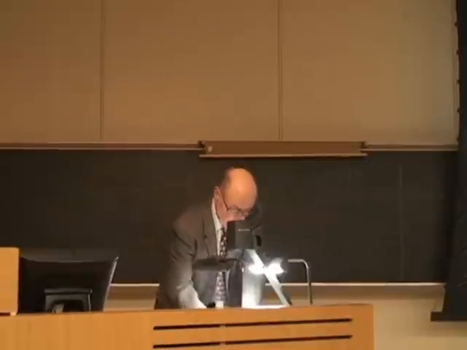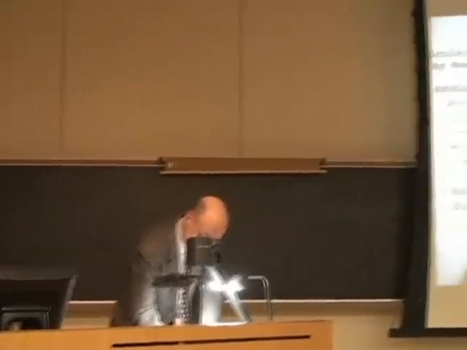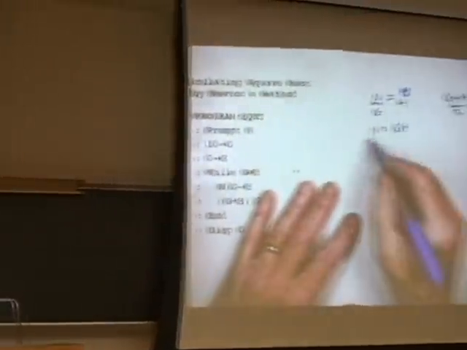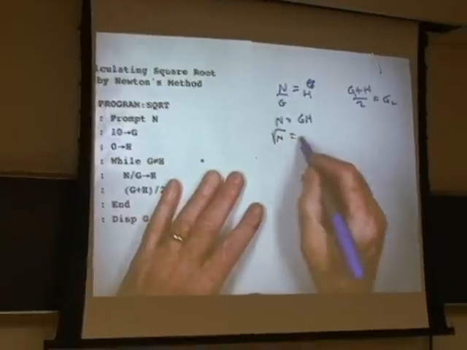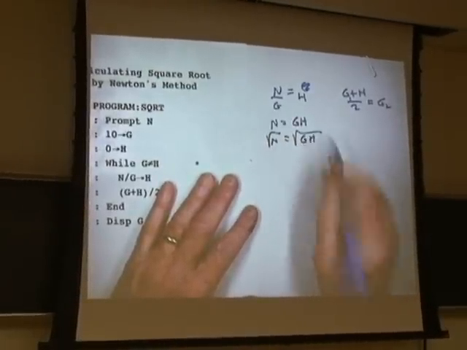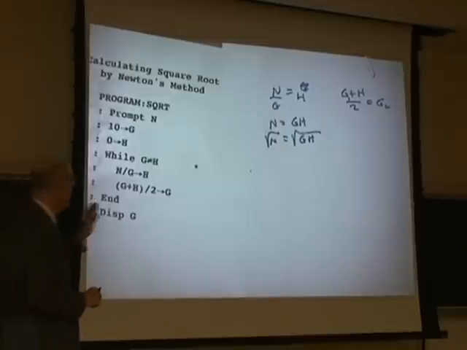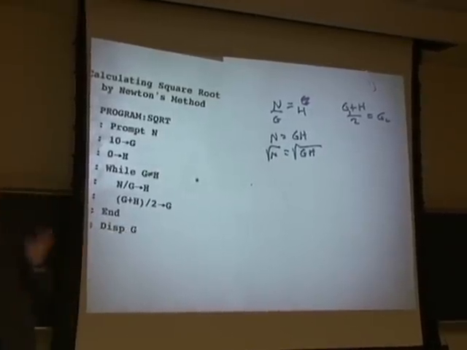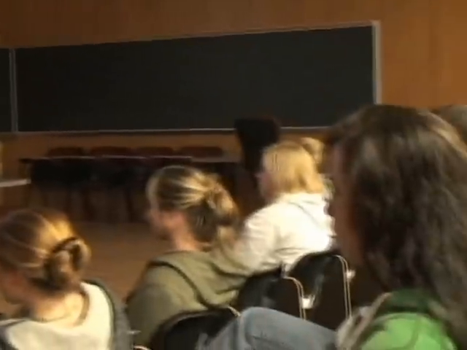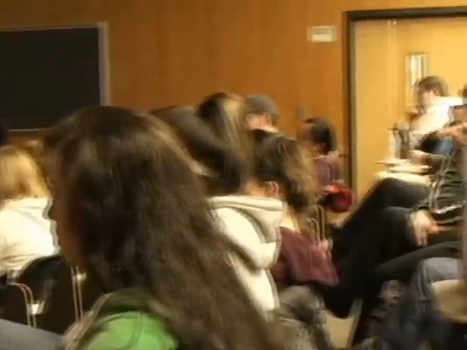Well, in that case, we've got n equals gh, and the square root of n is equal to the square root of gh. There's that geometric mean, isn't it? The square root of gh is the geometric mean, and what we're using for it as an estimate is the arithmetic mean.